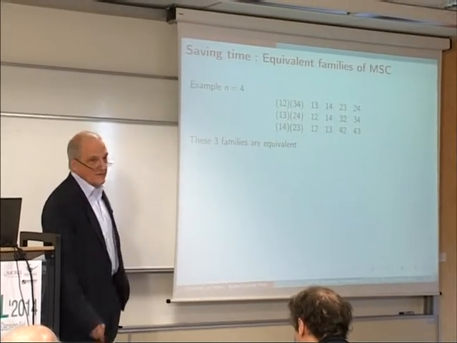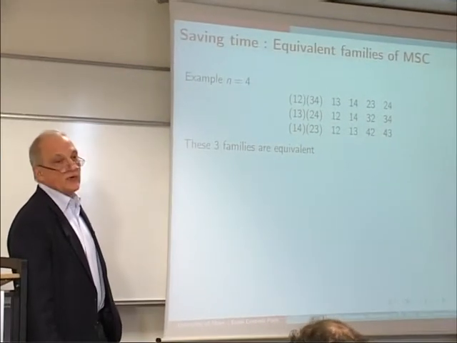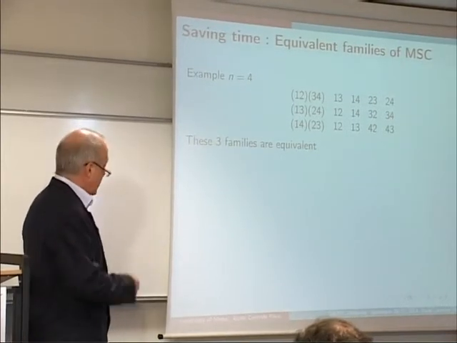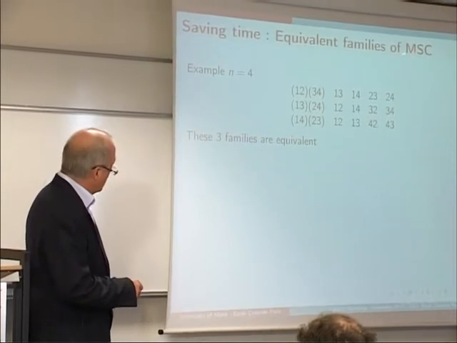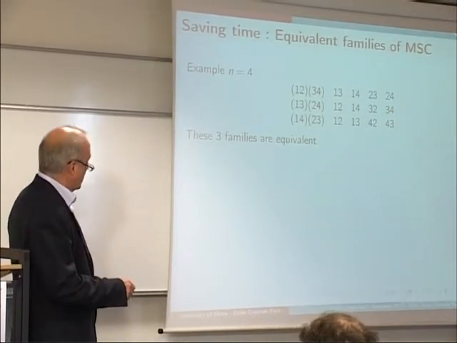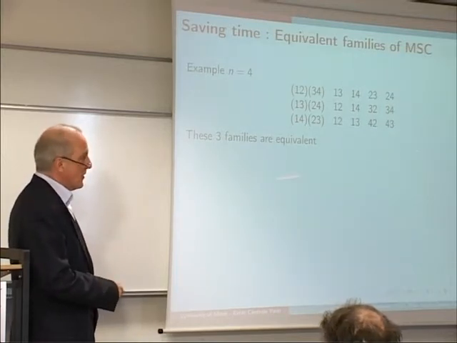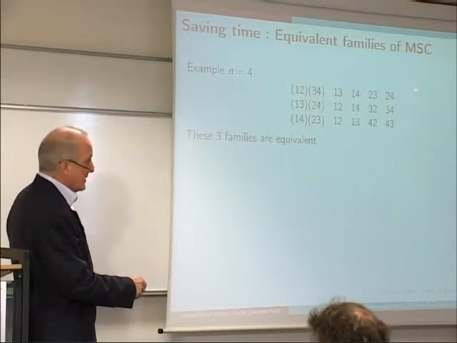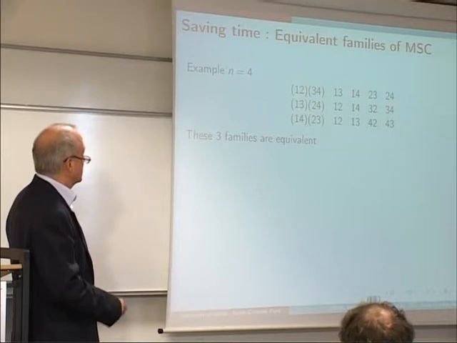So it's complicated, there are many, even for n equals 6, so we need to save time. We can restrict to non-equivalent families of MSC, that's minimal sufficient coalitions. In the case of n equal to 4, for instance, this is an anti-chain, a set of minimal sufficient coalitions.